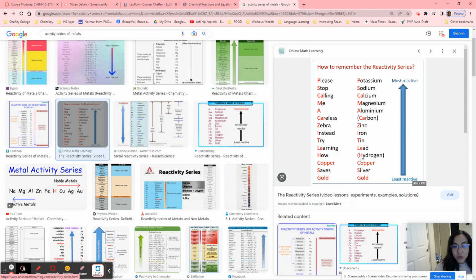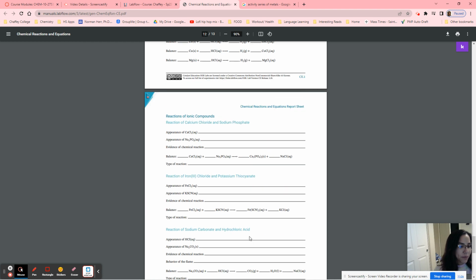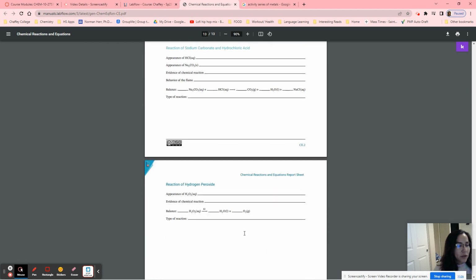This reaction will occur. However, you notice that if I had a reaction with copper, this reaction will not occur. So do we have one with copper? We do. We have one with copper right here. So that reaction is not going to occur. Okay, so there's no reaction with that one. You might want to still balance it out, but then write down no reaction. Okay. Same thing with the rest of these.